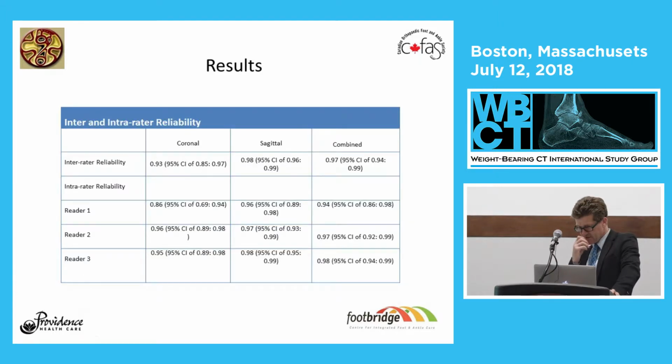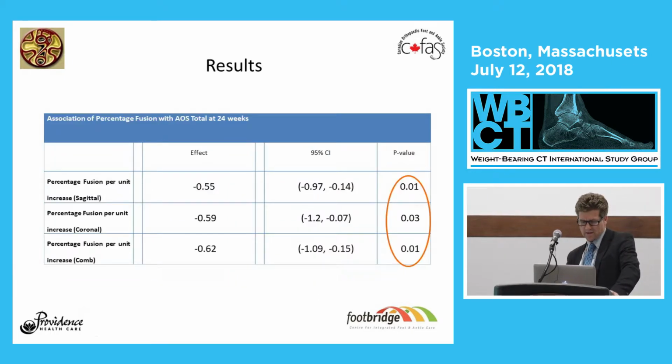What we found, first of all, that it was highly reliable, so that the inter and intra-observer reliability was up in the 93 and roughly up in the 90s level for both of those areas. We also found that there was significant correlation with the AOS score.